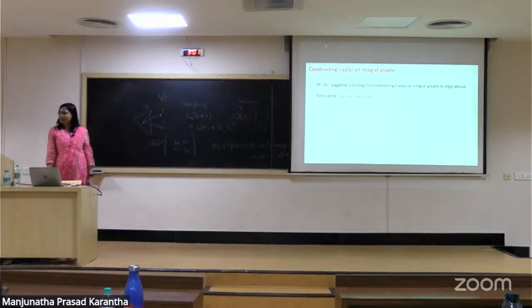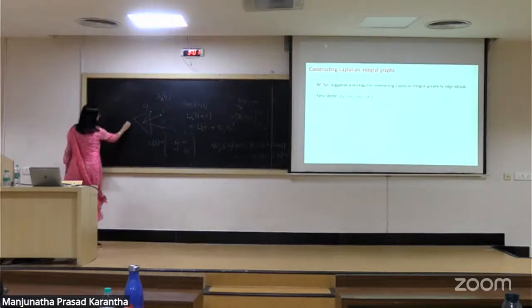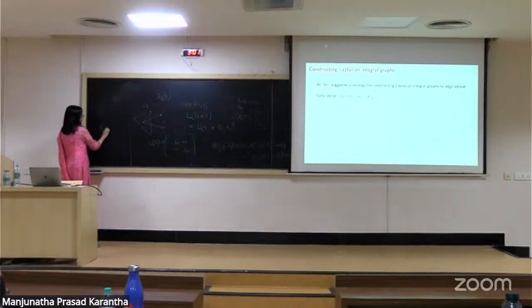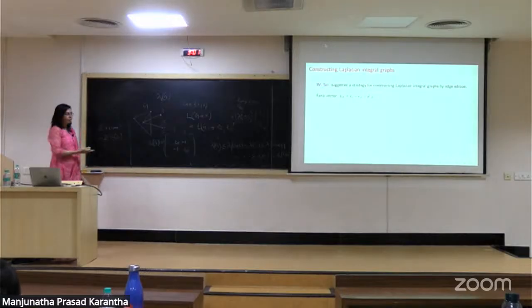The sum of the eigenvalues is the sum of the degrees, right? So the degree sum has increased by 2. If I look at the sum of all eigenvalues of G plus ij minus the sum of the eigenvalues of G, the total increment is 2. This is the sum of degrees, right?